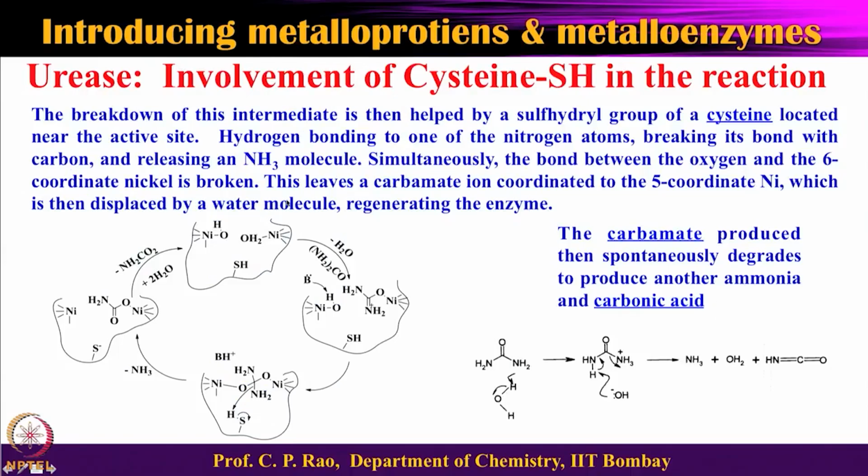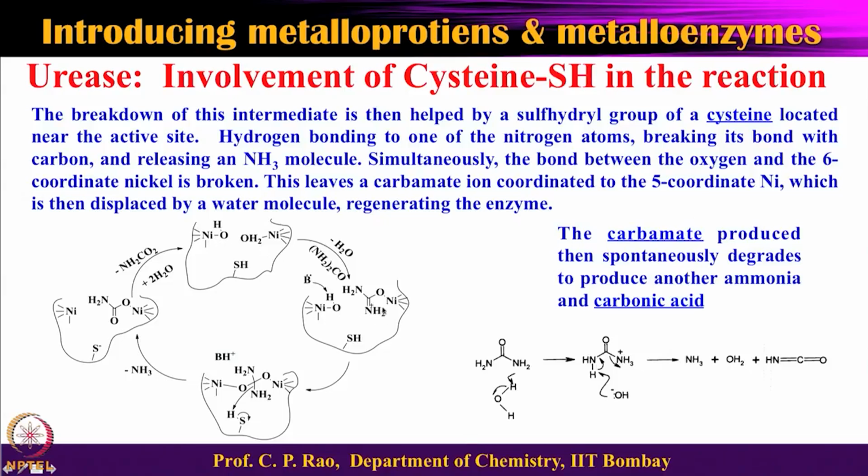Now, there is another aspect that is part of this enzyme, where you have the thio function close to the dinuclear center. As you can see, there are two nickel centers.